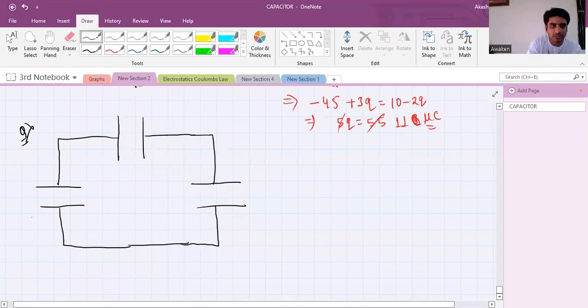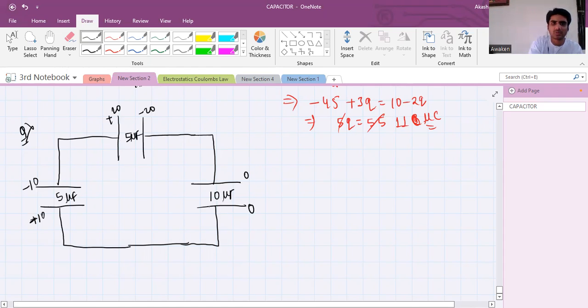Okay. So initially it is plus 10, minus 10, plus 10, and 0, 0, an uncharged capacitor. Capacitances 5, 5, 10 farad.